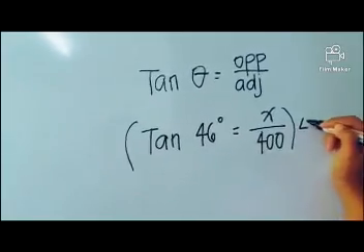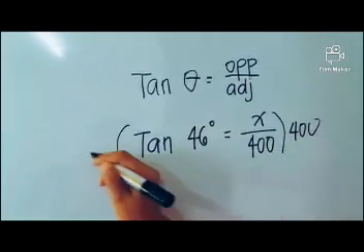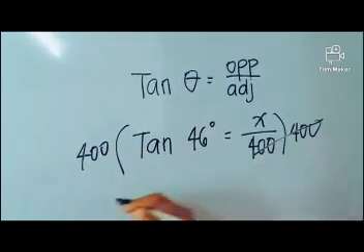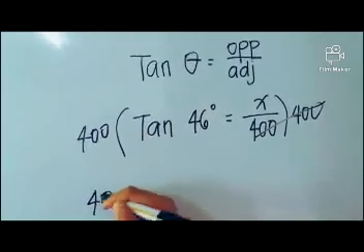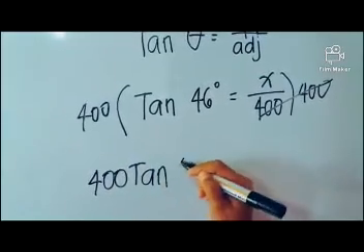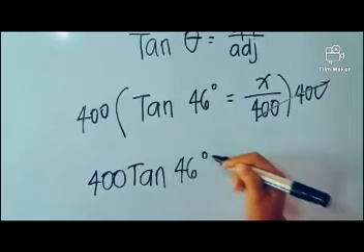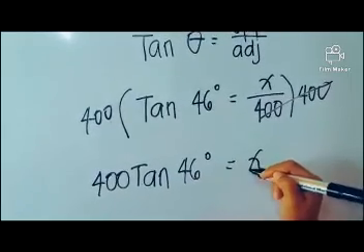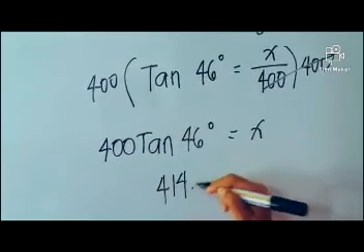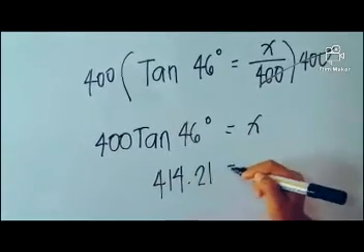Multiply both sides by 400, so 400 divided by 400 is 1, then we can cancel this out. Therefore, the height of the tower is 400 tan 46 degrees. Then put that into your calculator, and that is 414.21.